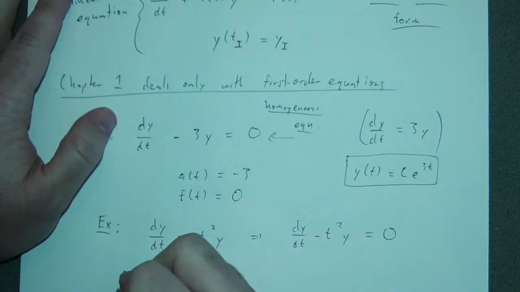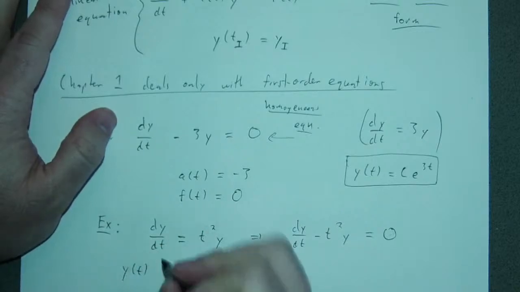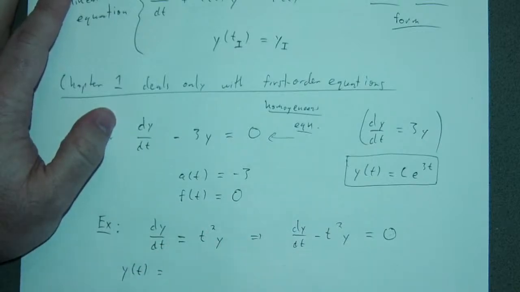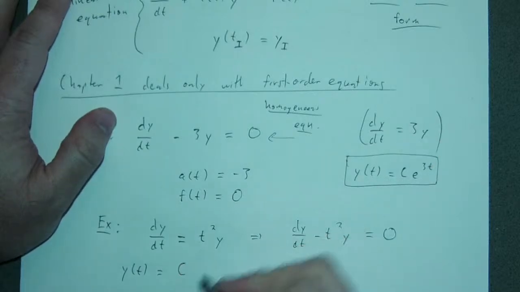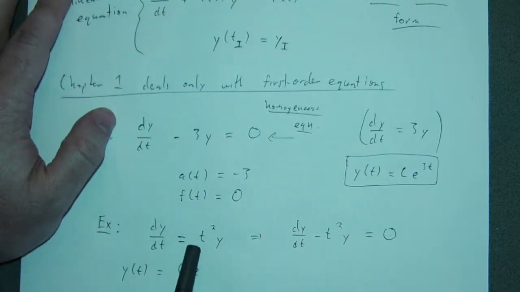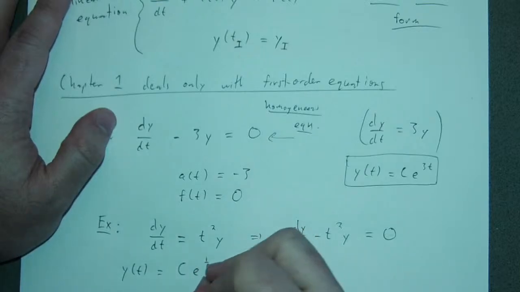My guess is, I want to use the same idea, where this is going to be like a constant times e to the something that when I take its derivative, I get t squared. So that would be e to the 1/3 t cubed.